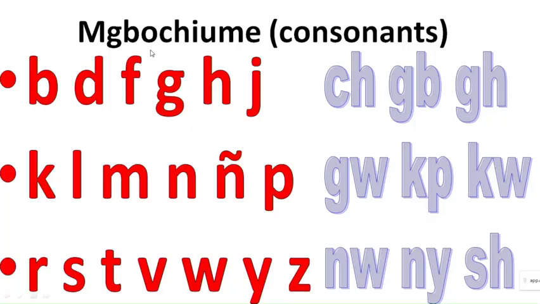The consonants are called Mgbochi Ume. We have the ones with single letters, we have the ones with double letters. The ones with double letters are called Odampe. The ones with single letters are called Mgbochi Ume Noromo.